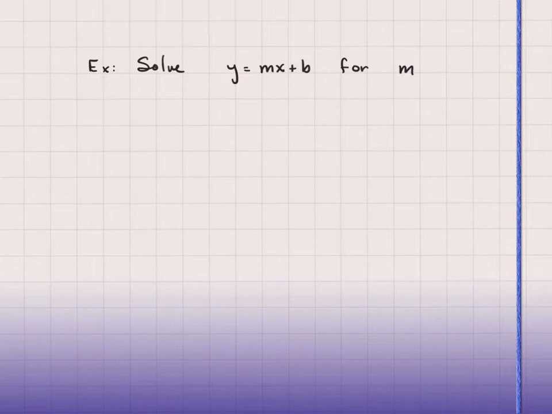Let's get a little more complicated now. Here we have the equation for a line in slope-intercept form. We'll be covering that in the next few lessons. And we want to solve it for M. So let's go ahead, write the formula down. Let's highlight what we're solving for.